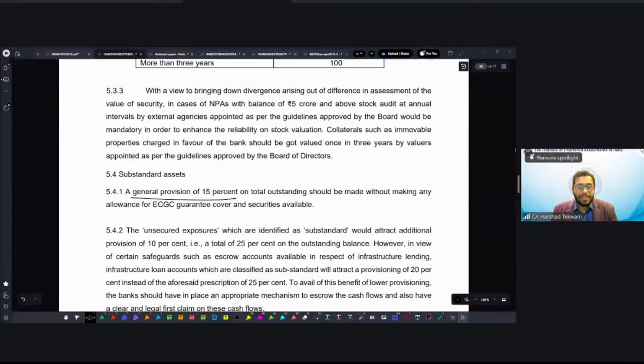Because these provisions are at the minimum level. So the IRAC provisions are at minimum level. Banks can create their own policies on the provisions which can be more stringent.